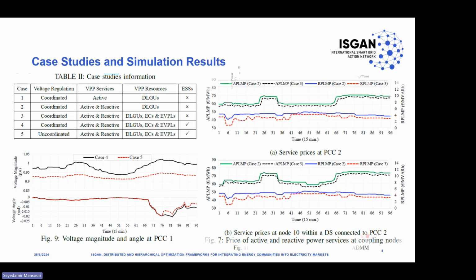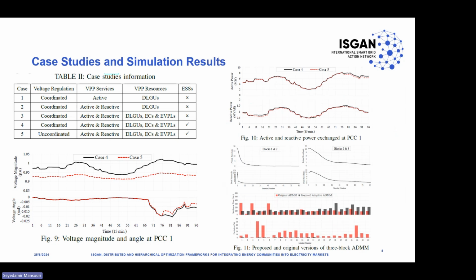And we showed this. And here we have the active and reactive power exchange at PCC1 between 1 transmission and 4 distribution systems downstream, and you can see the impact of coordinated voltage regulation on these services.